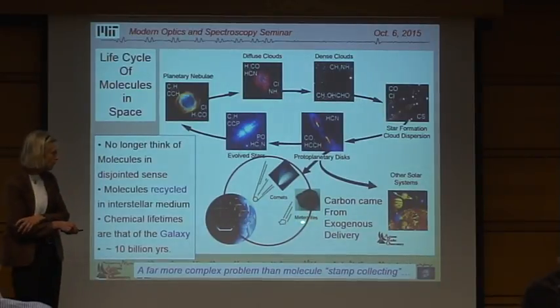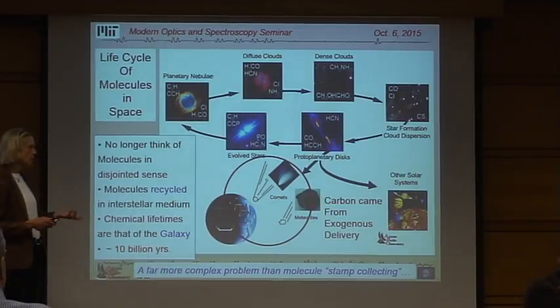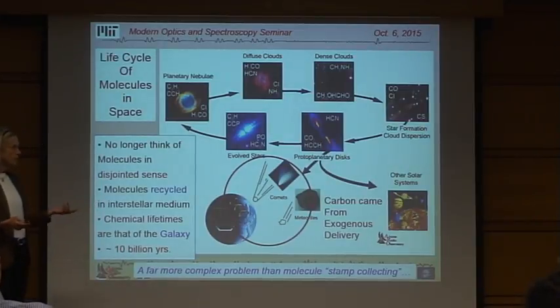Another thing that people don't realize is that when Earth formed, it lost all its early carbon in the form of a methane, CO2 atmosphere, and all the carbon present on Earth right now came from exogenous delivery. Okay? From meteorites, comets, dust particles, and when we study comets and meteorites, we see evidence of pristine interstellar material. So one can take things perhaps a step further.